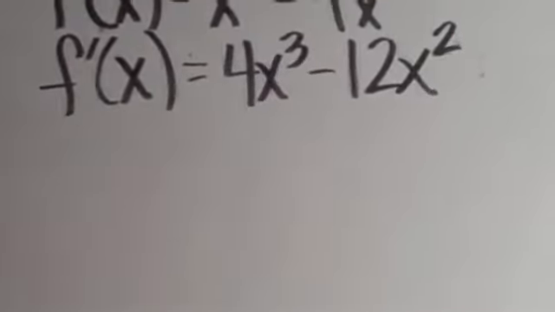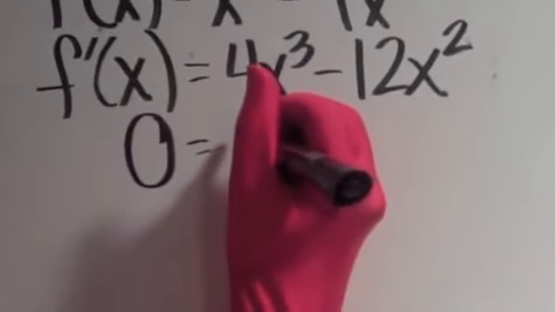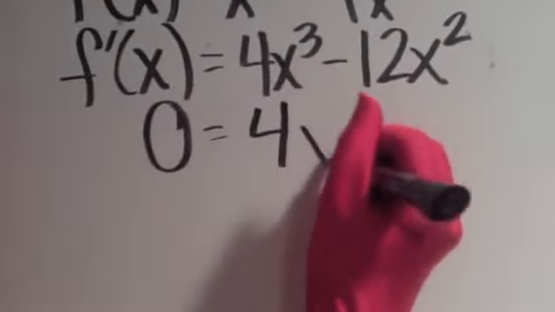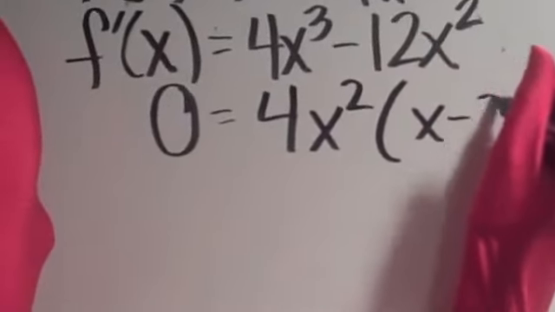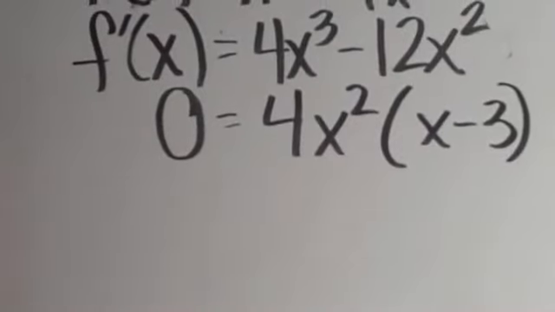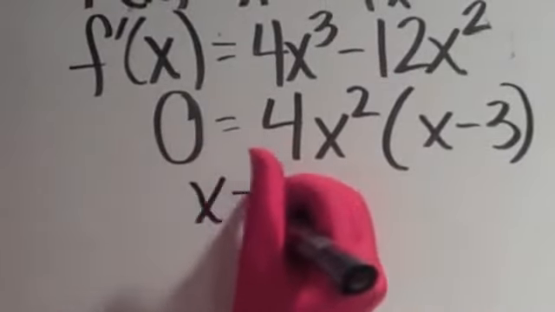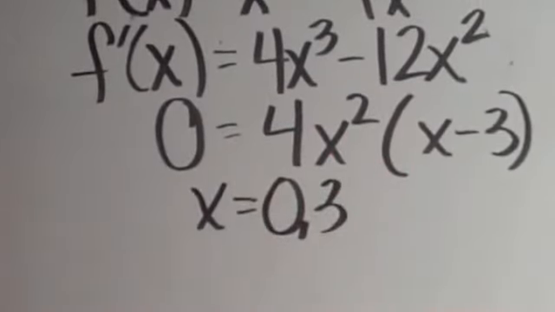Next, we set the first derivative equal to 0. When we do this, we find that x equals 0 and 3. These are our critical points.